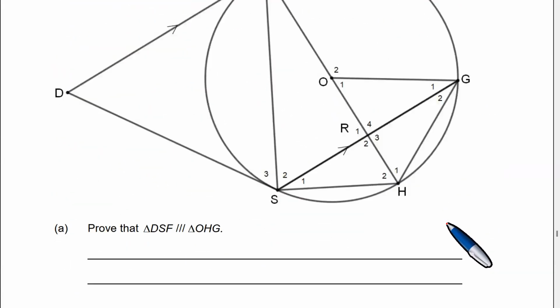Okay. Here is this shape here. Okay. Let's look at this one.